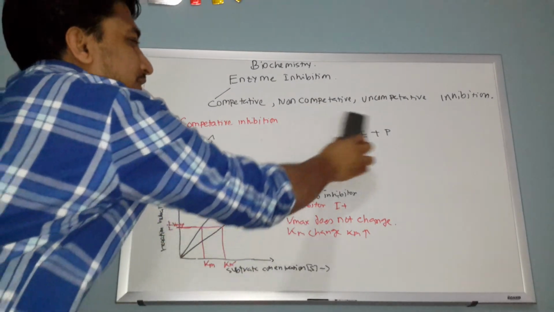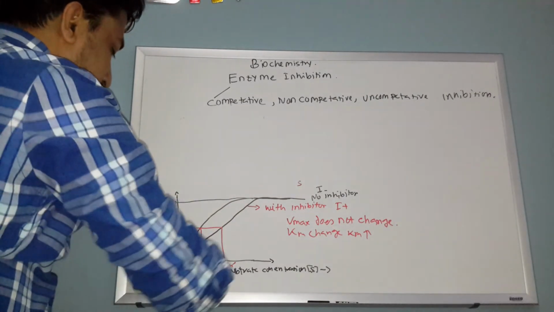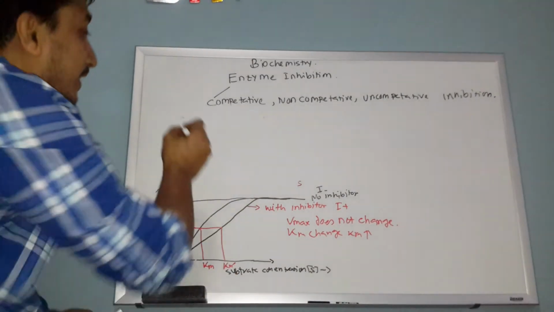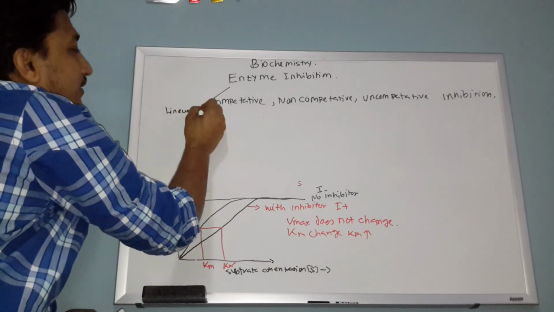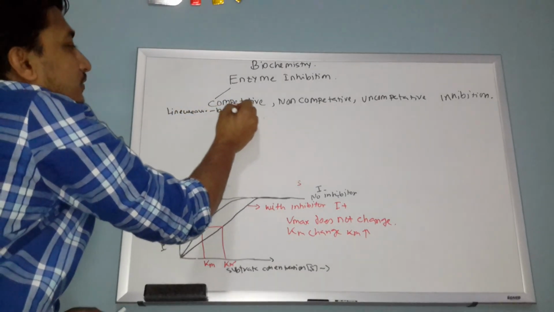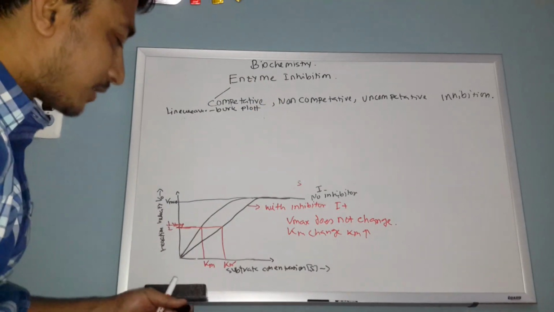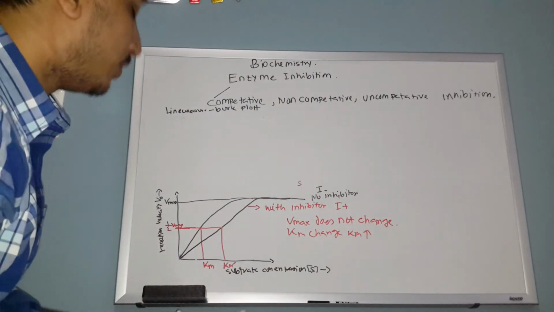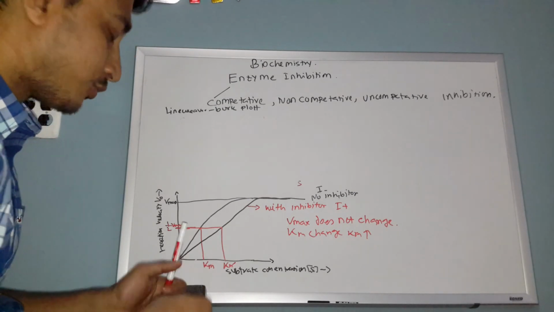I forget the guy's name, it is very hard. Okay, the double reciprocal plot is also simple. This is called a double reciprocal plot. Okay, so I'll draw it for you.